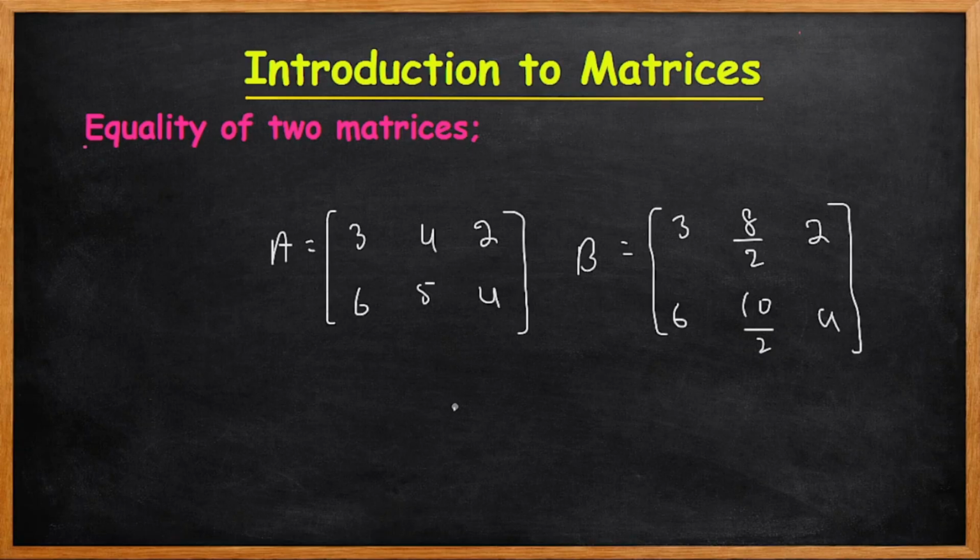The matrix A is equal to matrix B, because both of the matrices are of the same order and they have the same number of columns and rows, and the elements in the corresponding positions are equal. So these two matrices are called equal matrices.